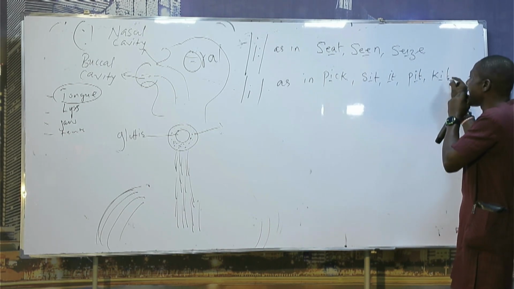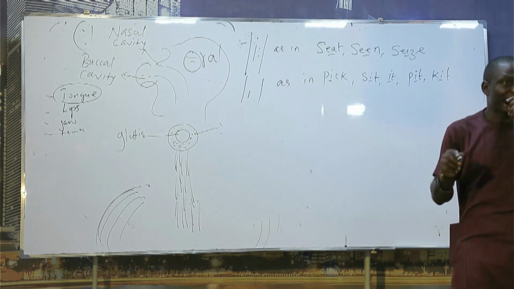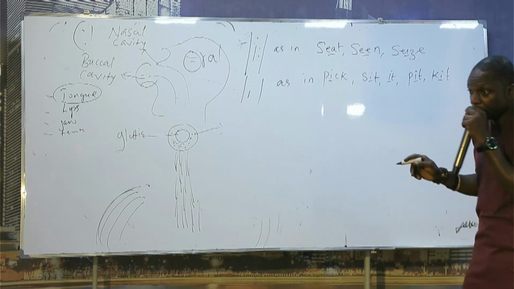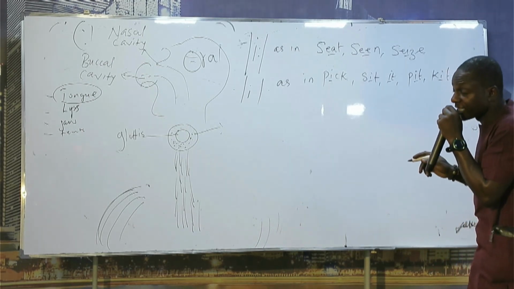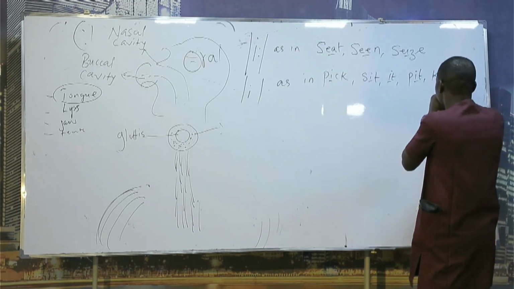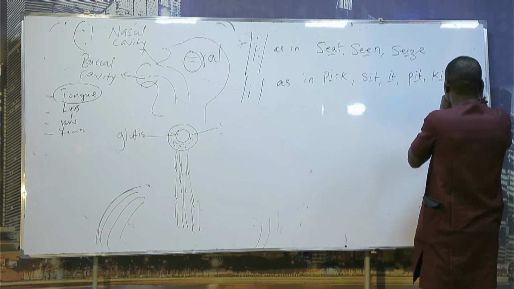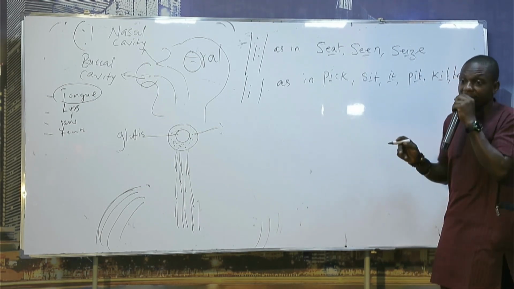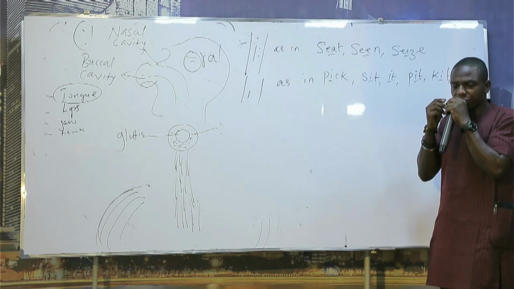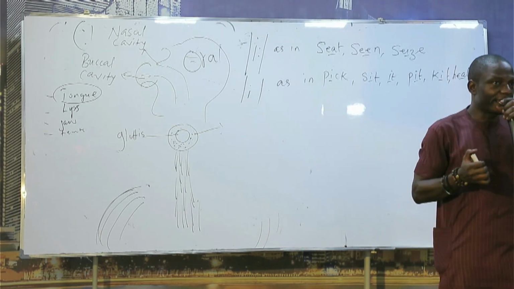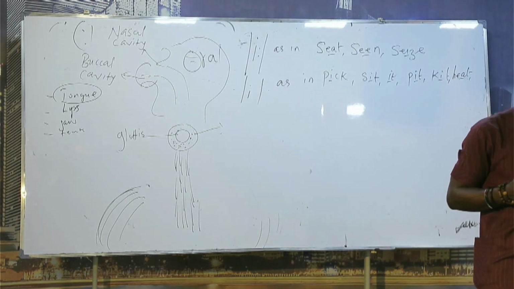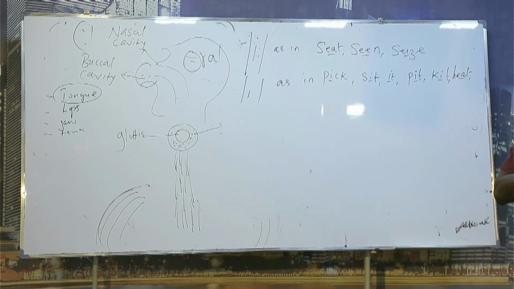Is it only the one with I? Can't we use another word, another letter? Heat, H-E-A-T. Nice one. Then K-E-Y. Are you sure that K-E-Y is short one? Remember, the letters do not matter. What matters is the sound.